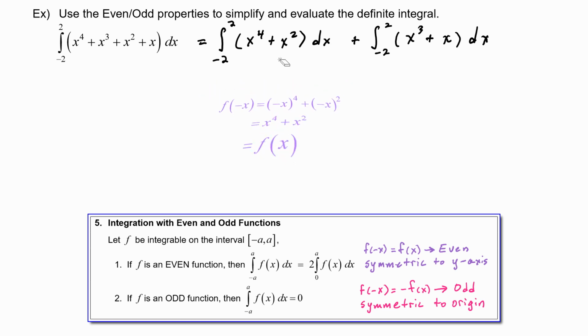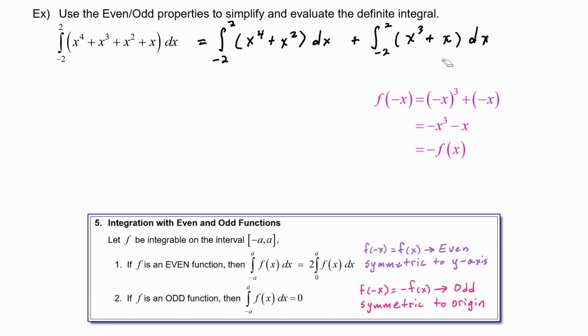We know these functions are even because f of negative x returns the same value as f of x. We know these functions are odd because f of negative x would return the opposite of f of x. And with polynomial functions, any exponent that is even is going to return an even function. Any exponent that's odd will return an odd function.